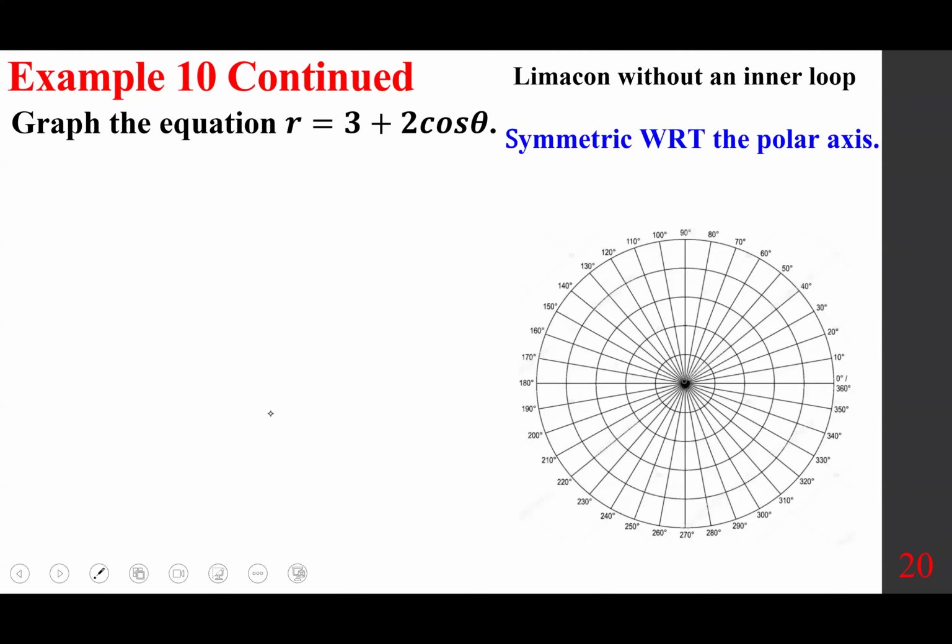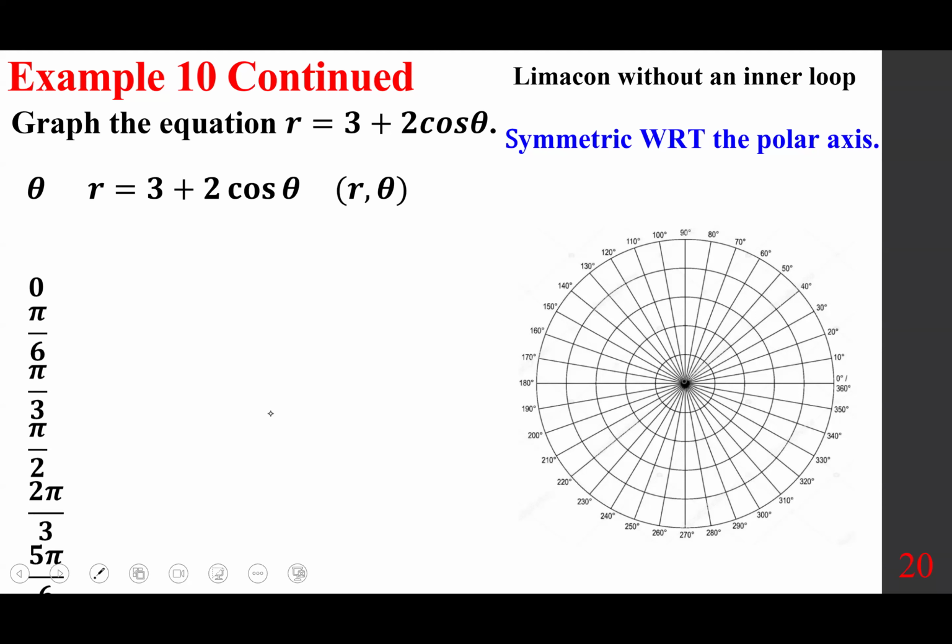So let's pick the easy points, everybody. 0, for example. Cosine of 0 is 1. 3 plus 2 times 1 is 5. Pi over 6, square root of 3 over 2. Pi over 3, cosine is 1 half. 2 times 1 half is 1, and 3 plus 1 is 4. Pi over 2, cosine is 0, so just 3.